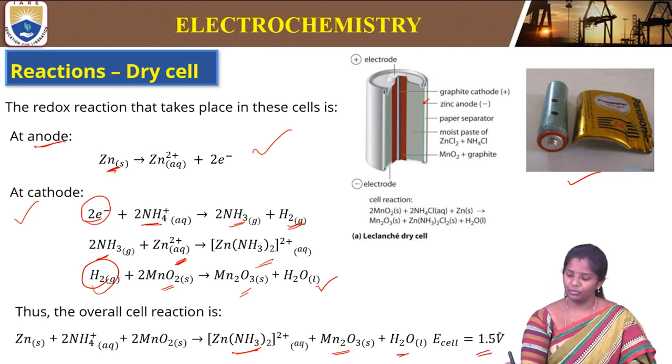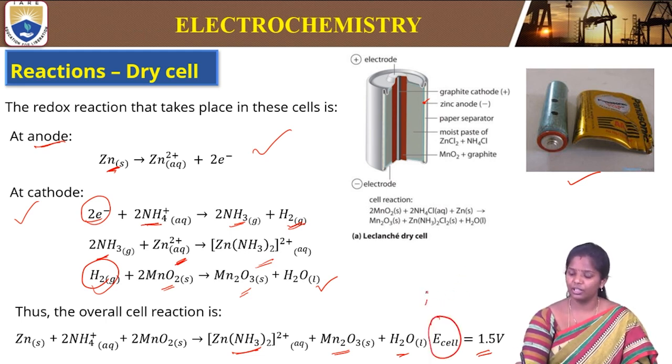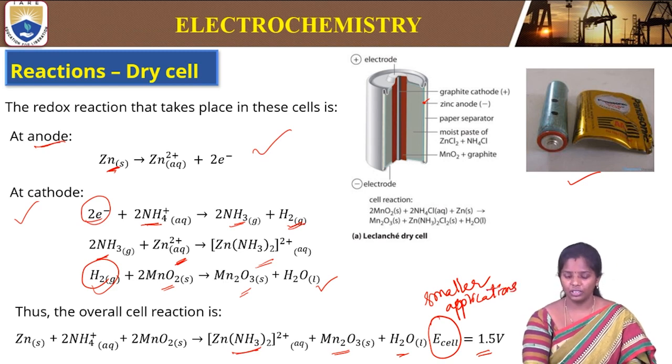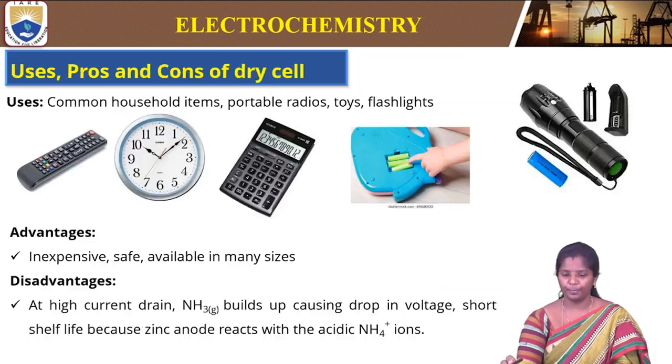As the E cell is low, these are used for smaller applications that require less voltage. This is an irreversible reaction taking place during the usage of dry cells.